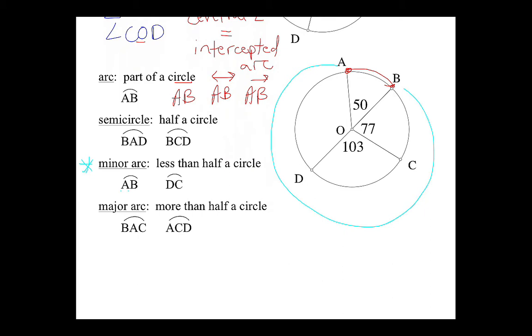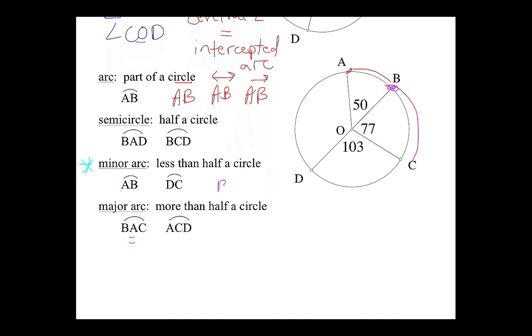If I use three letters, BAC, well, that does mean something entirely different. So BAC, let me get rid of this for you so that's not confusing. Arc BAC says I'm going to start at B, but then the next letter I have to hit is A. So if I go from B to C, that's not arc BAC.